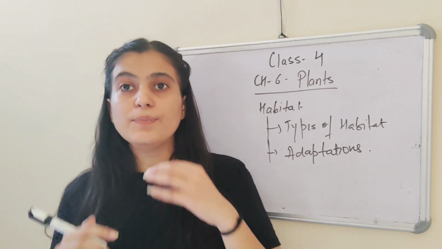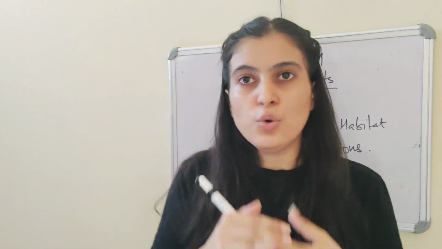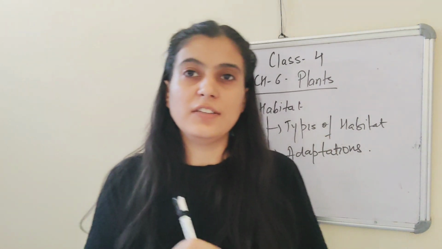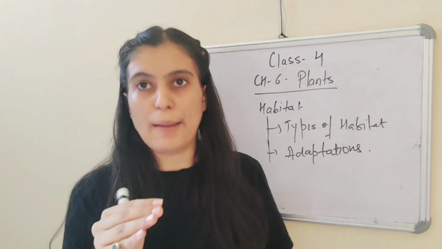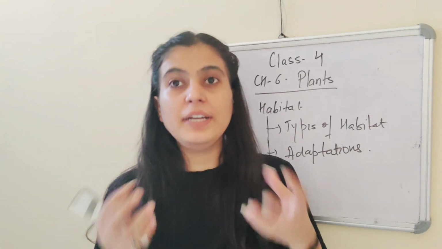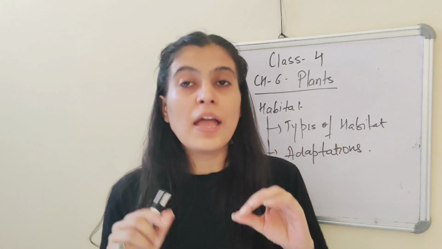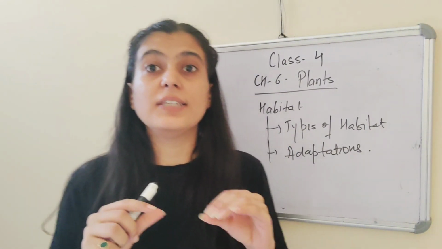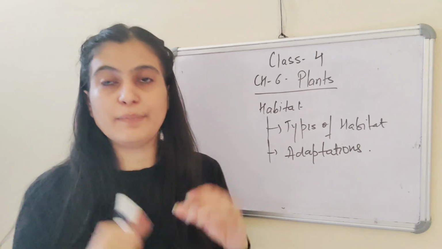For example, mango. You have seen that the mango tree grows in this area, right? And this area is considered the natural habitat for the plant. So basically, the environment in which a plant grows and is commonly found is called its natural habitat.